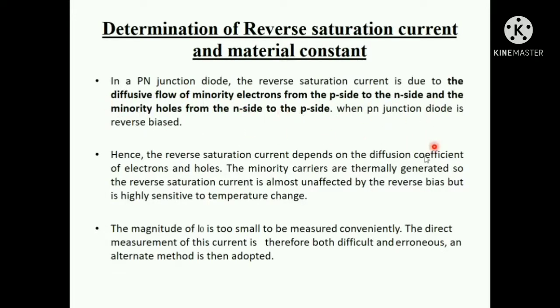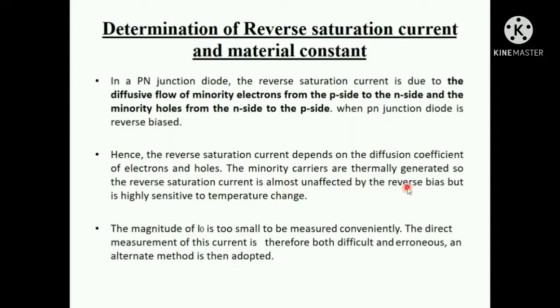In a PN junction diode, the reverse saturation current is due to the diffusive flow of minority electrons from P side to N side and the minority holes from N side to the P side. The reverse saturation current depends on the diffusion coefficient of electrons and holes. Because the minority carriers are thermally generated, reverse saturation current is highly sensitive to the temperature change, and it is almost unaffected by the reverse voltage.